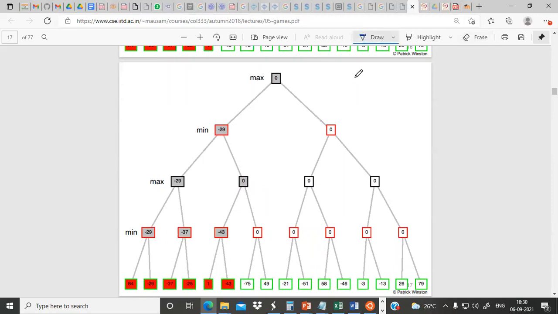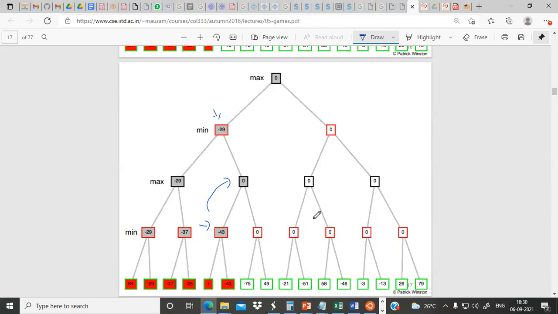So this is a min. Here we are doing min. So this becomes minus 43, right? Then in the next level, this is max. So minus 43 and 0, so it gets 0. Again, this is min. Minus 29 and 0, it gets minus 29. Again, it is max. Minus 29 and 0, it gets 0.